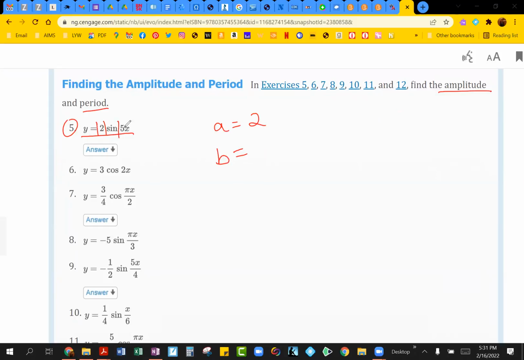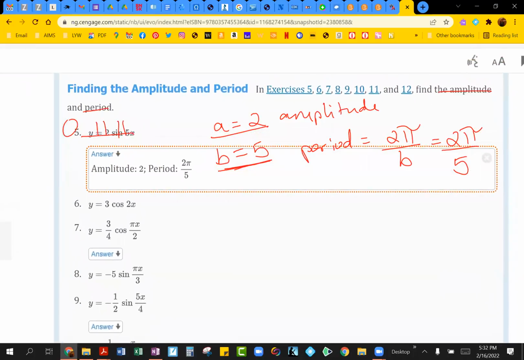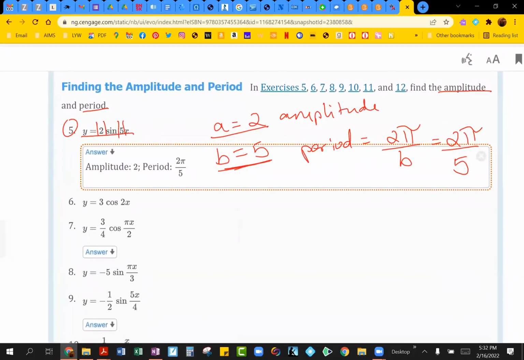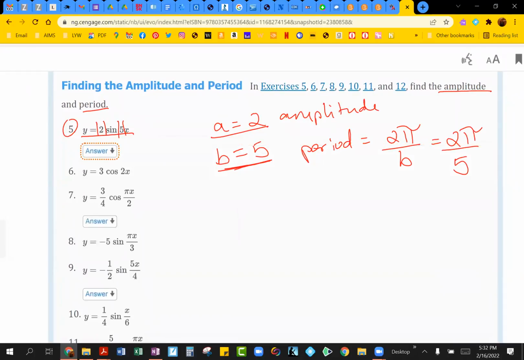Your B value is coming from the coefficient on the X. So amplitude is going to be A equals 2, but B, remember, does not give you the period. For the period, we have to calculate 2 pi divided by B. So the period is actually going to be 2 pi over 5. And you can see that over here. So be careful. The B value doesn't give you the period. You have to do 2 pi divided by B to get your period value.